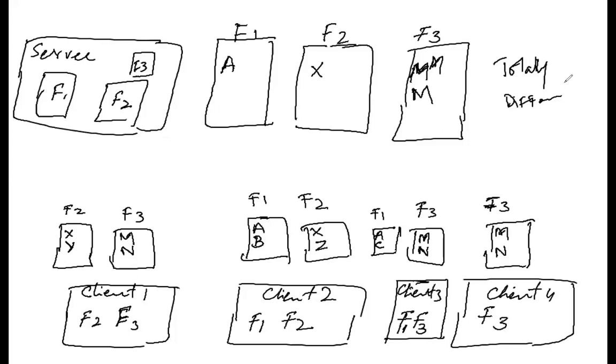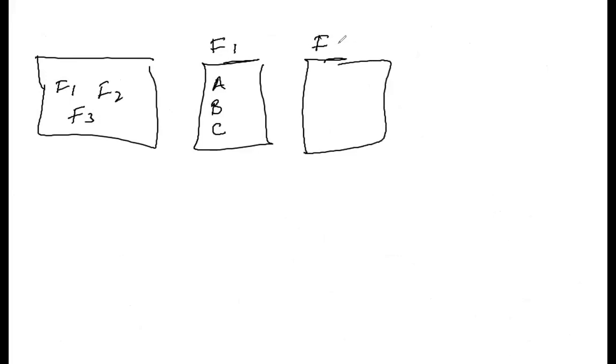So look at this. Next, when we update these files on the server side, F1, F2, and F3, F1 will have A, B, and C. F2 will become X, Y, and F3 becomes M and N. So this is actually the main site.